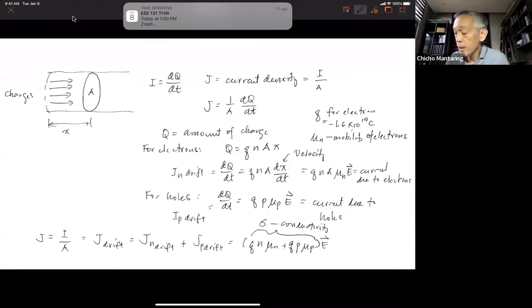So you have the formula. Actually, this is a vector, no? J is a vector. You have the formula J is equal to sigma E, where sigma is again q n mu sub n plus q p mu sub p. That's your sigma.